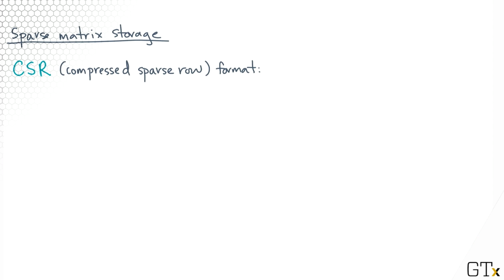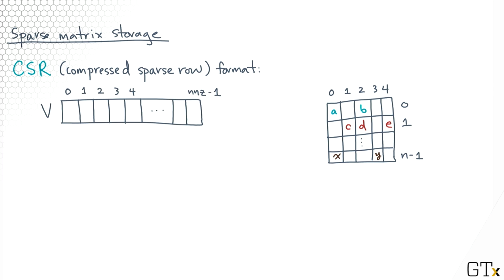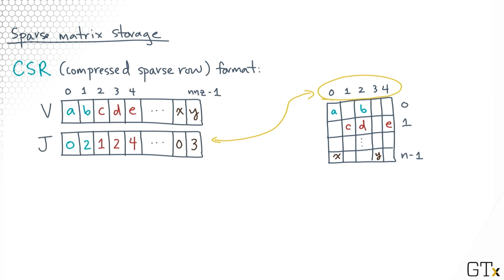Now to see how it works, let's look at this matrix. It has n rows and 5 columns. Now like COO, CSR will use 3 arrays. The first is an array capital V, which stores the non-zeros. They're packed together row by row. The second is an array to hold the column indices. Let's call it capital J. Now it has the same size as capital V. The third array holds row pointers.